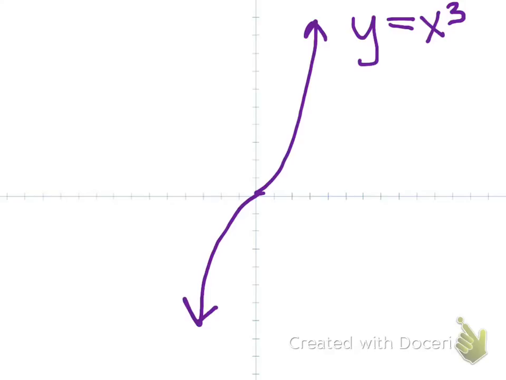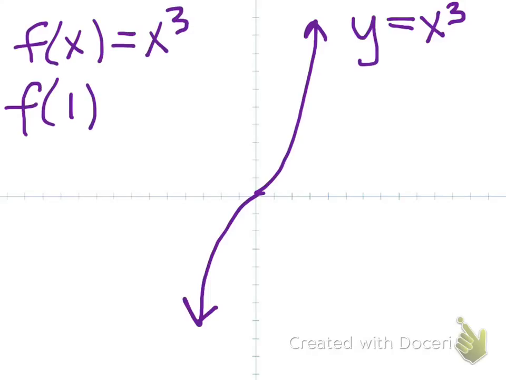To algebraically prove if a function is odd or not, we're going to do the same thing with an input and output, except we're going to assess the output values a little bit differently. So for the function x cubed, if I were to plug in f of 1, I'm going to get 1 cubed, which is 1.